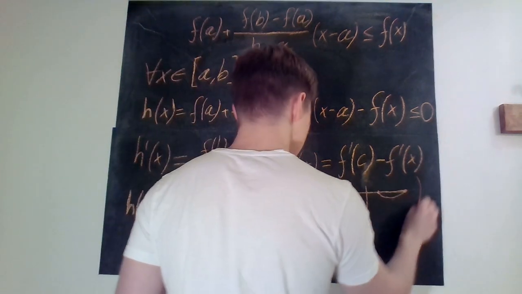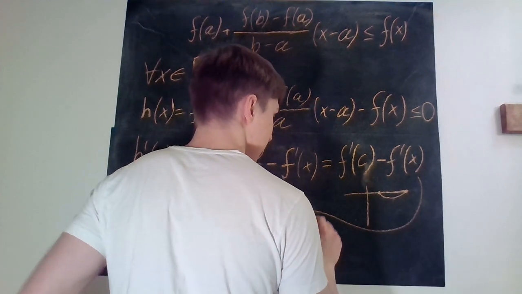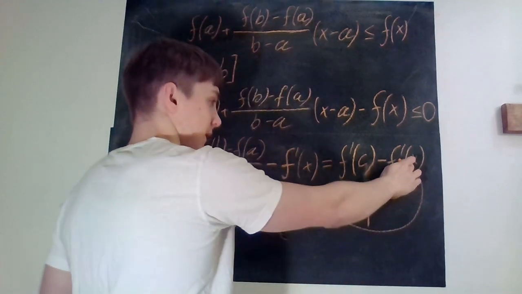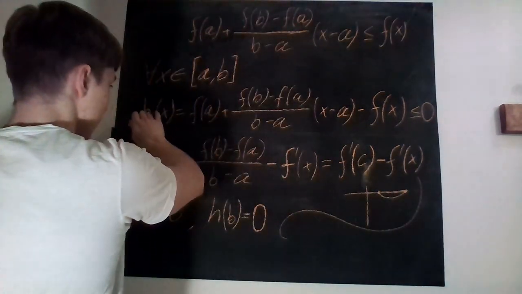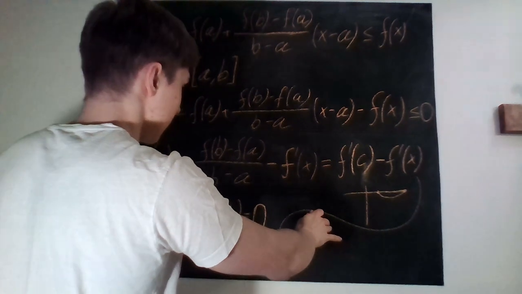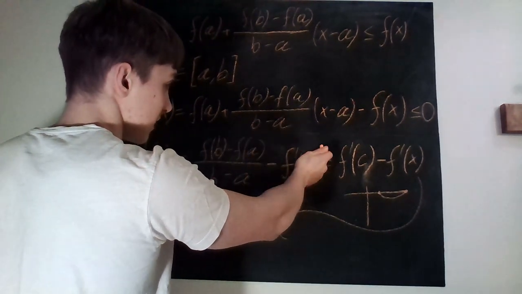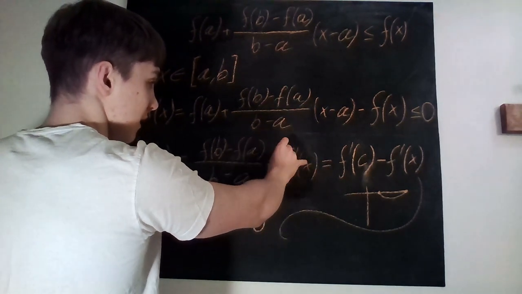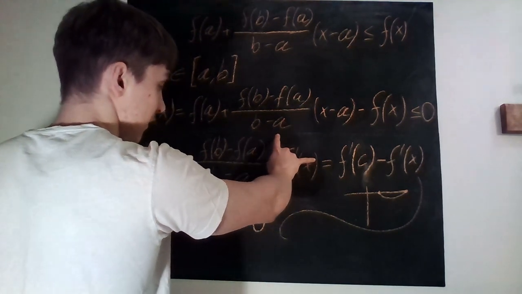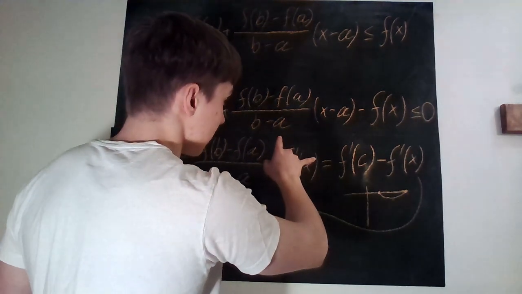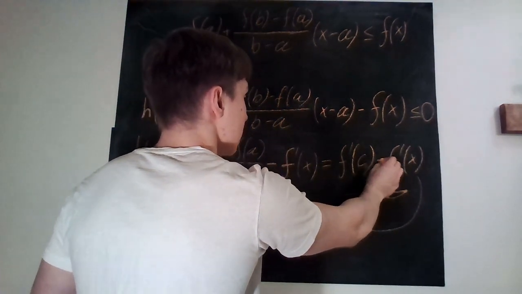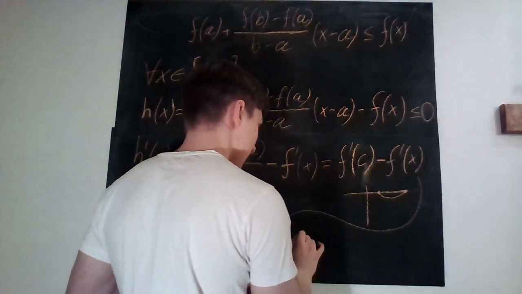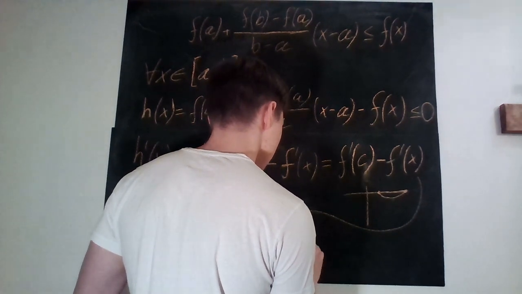meaning that, if f prime is decreasing, then if x is greater than c, f prime of x would be less than f prime of c, and because we're doing the subtraction, this thing here is larger.